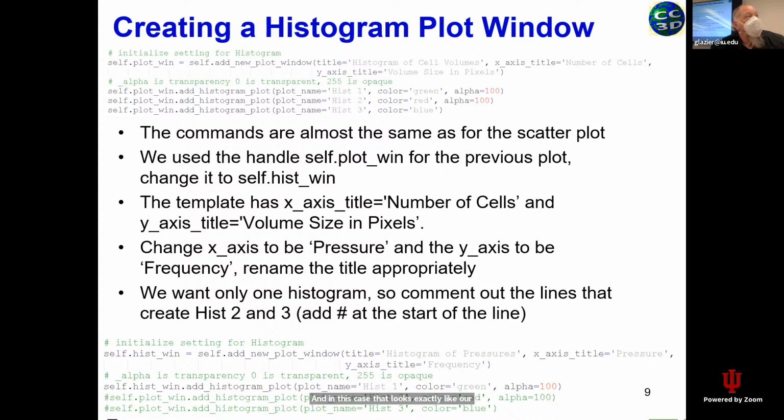But then the next lines are self.plotWin.addHistogramPlot instead of addPlot. Then we give it a name and a color. And in this case, alpha is the transparency, because very often with histograms, we have two graphs overlaid on top of each other, and so we want some transparency so we can see through them. Really, it's not very different from what we did for scientific plots or scatter plots.